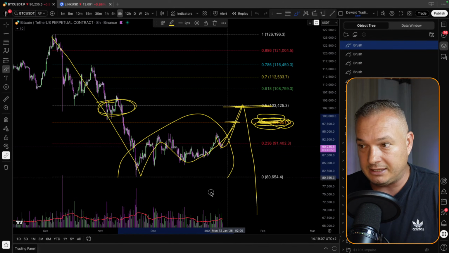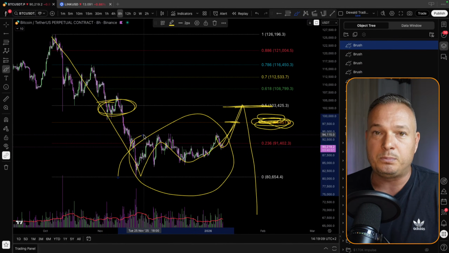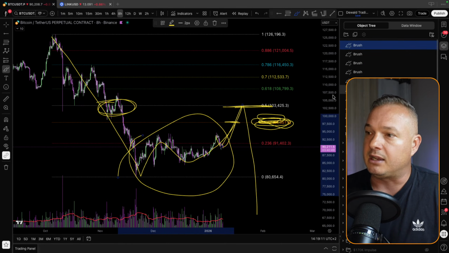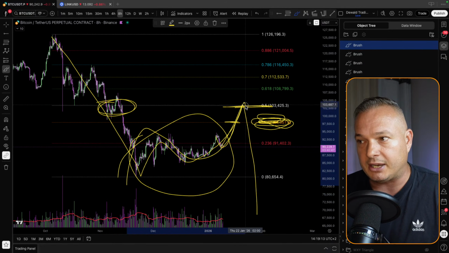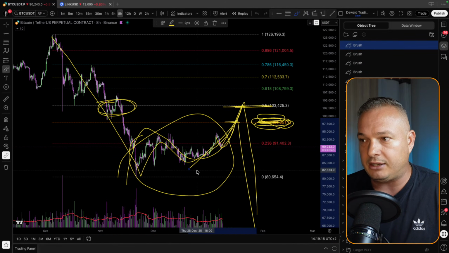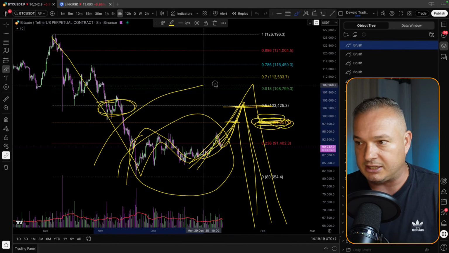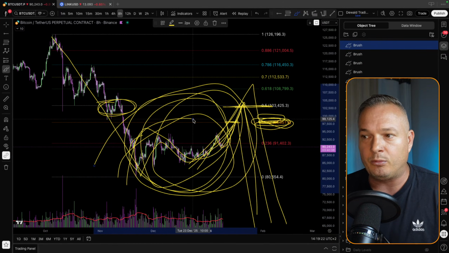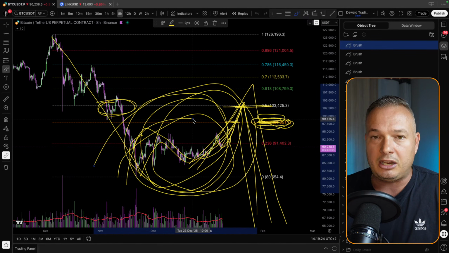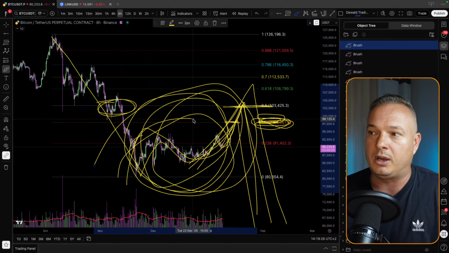For now, this is a corrective structure until proven otherwise. Whether we reject at the 382, the 50% or the 618, there's a higher chance that this structure currently forming is corrective and not impulsive until proven otherwise.